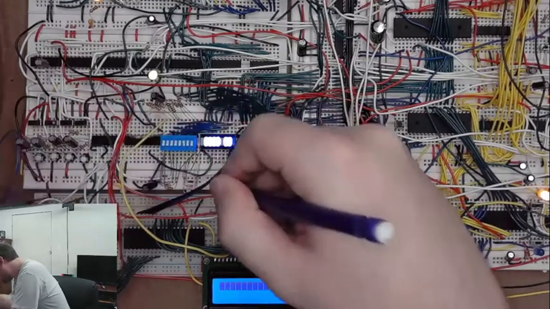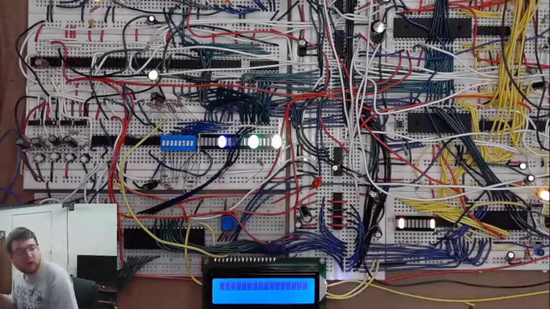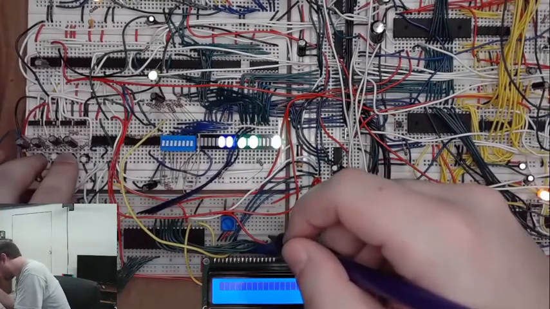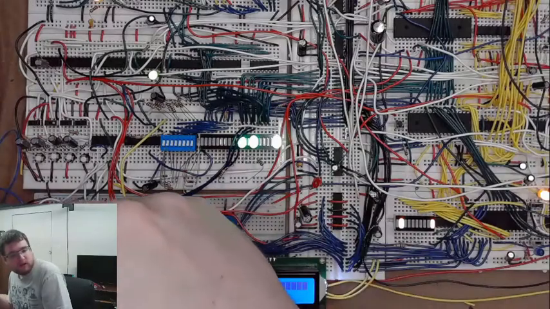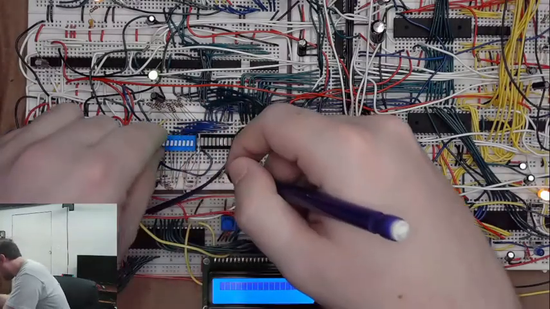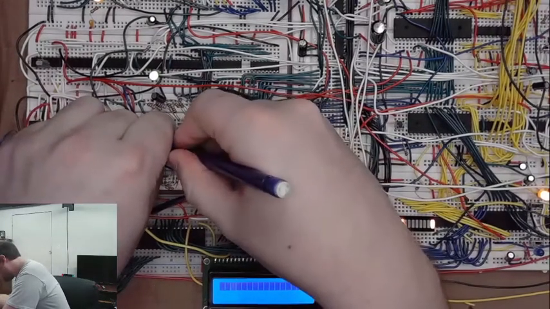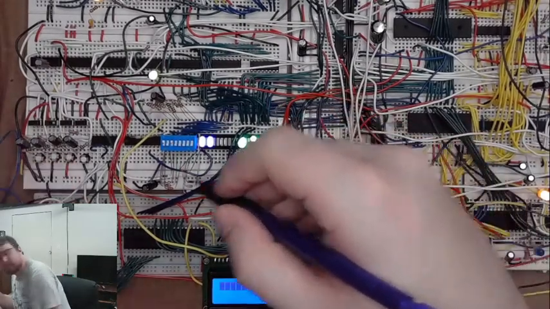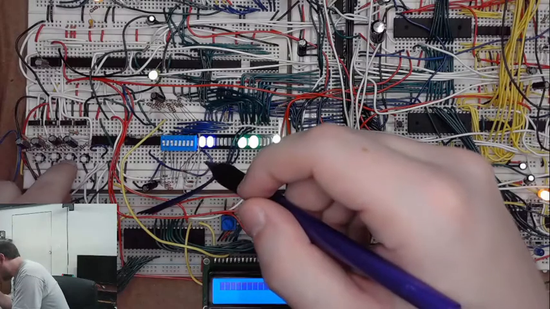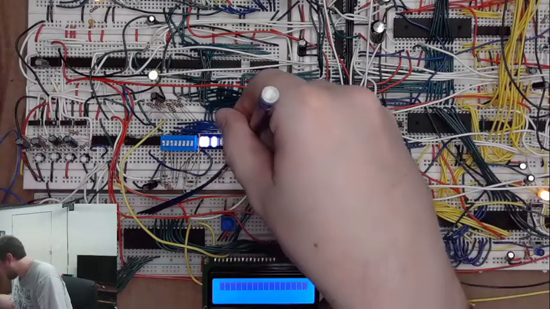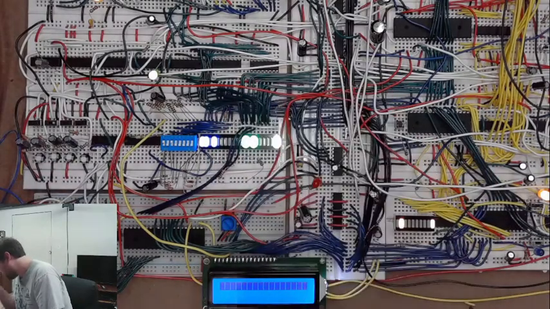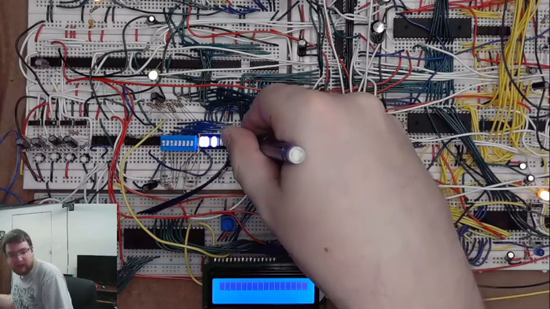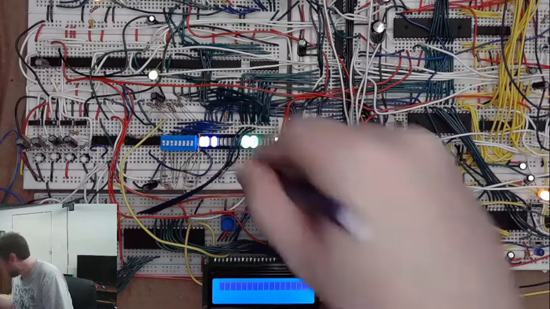So 2, 0. And then 0, 0. And then 5. Okay, and now we should be at B. Is this true? Assuming I did everything correctly. No, we are at A. I did not do everything correctly.